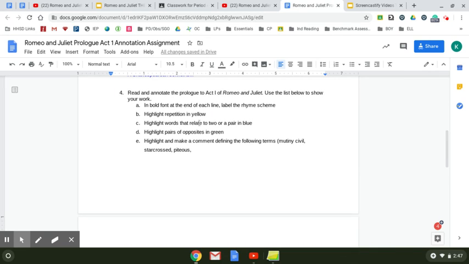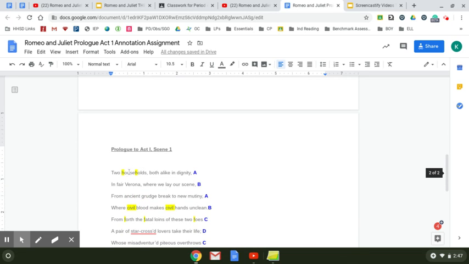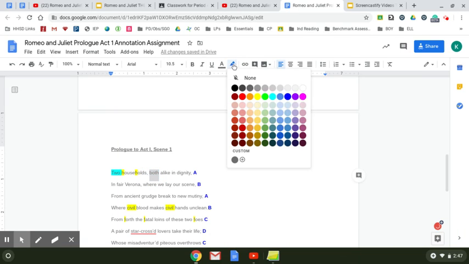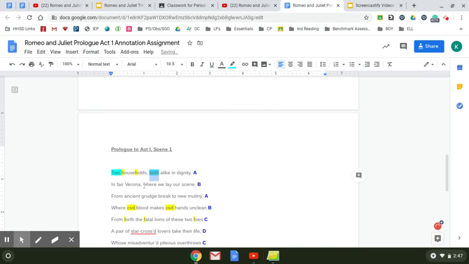Okay, so I did the repetition. Highlight words that relate to two or a pair in blue. This is going to be just your opinion. For example, two reminds me of a pair. So I'm going to do that in blue. Both implies that there are two people.